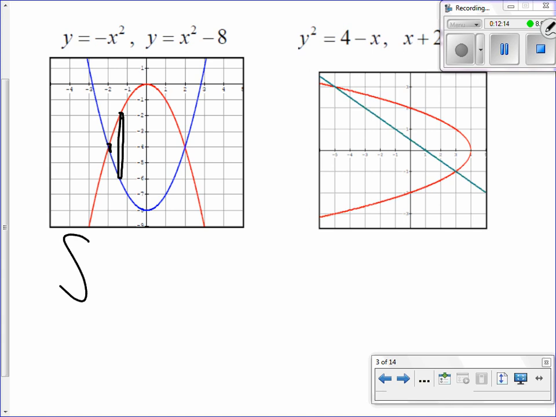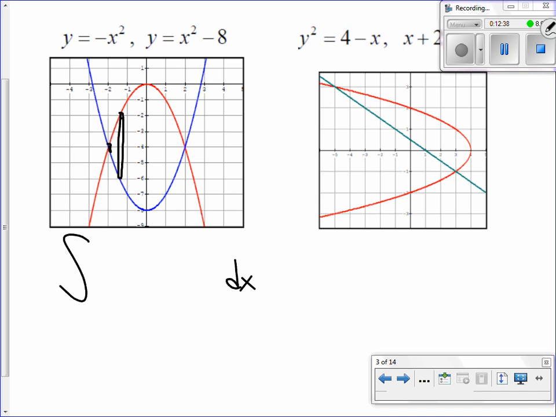Since we're using vertical strips, can you tell me what the height would be? I always call it height, width, it doesn't matter what you call them. When I say width, I always mean the infinitely small dimension. That's the dx. What about the height? y top minus y bottom. Which graph is this red one?